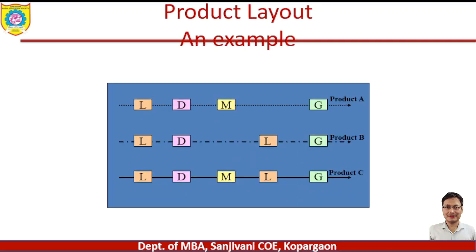This slide shows us an example of a product layout. In this layout, each of the products A, B, and C has its own separate production assembly line, unlike process layout, where the different products pass through the common production function or department.